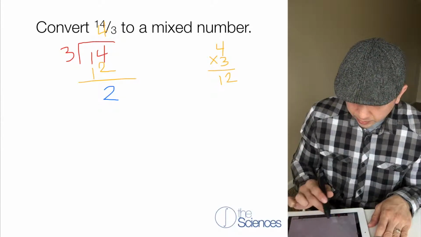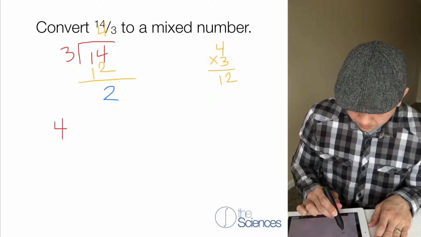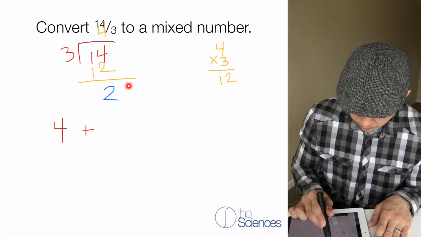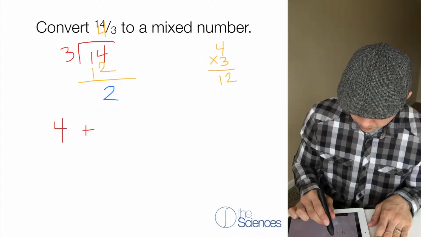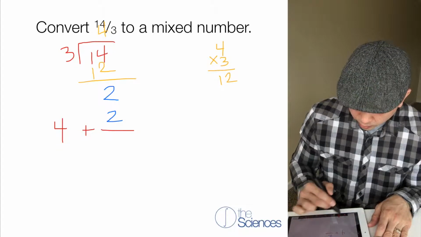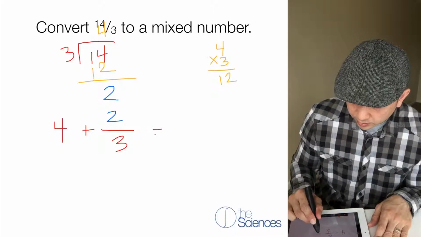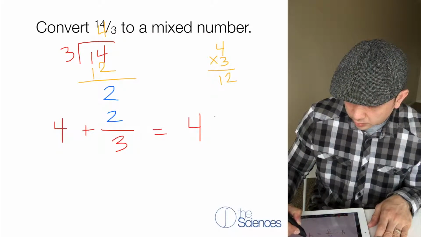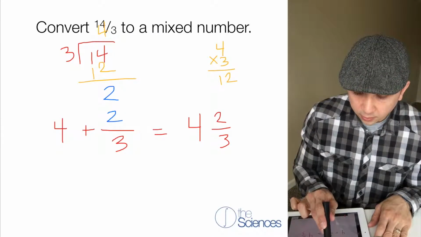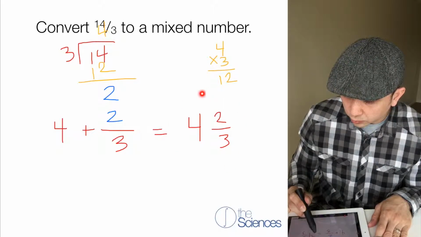So now our mixed number is the natural number, our quotient 4, plus our remainder, 2, over our original denominator, which is 3. Now we're going to remove the plus sign, so we have 4 and 2/3. So converting 14/3 to a mixed number, we get 4 and 2/3.